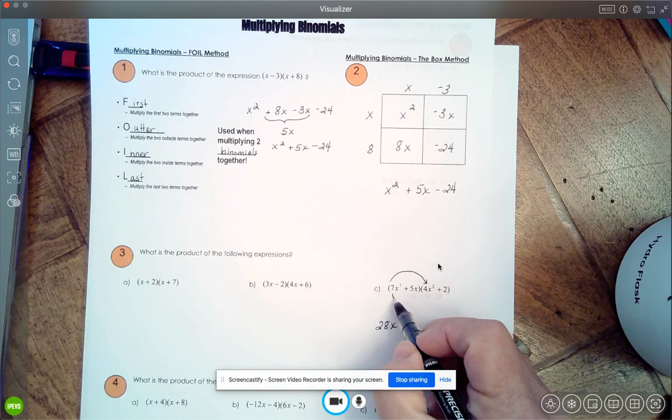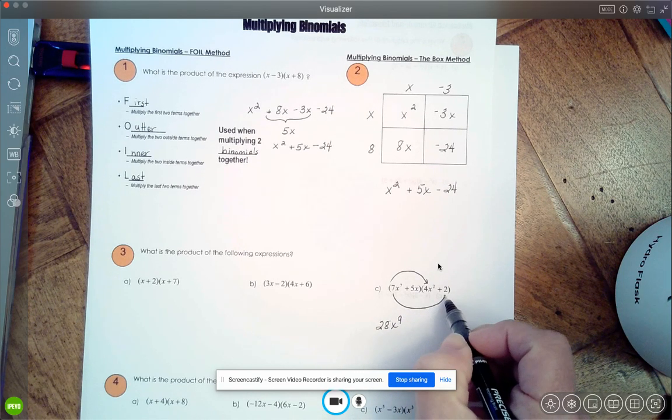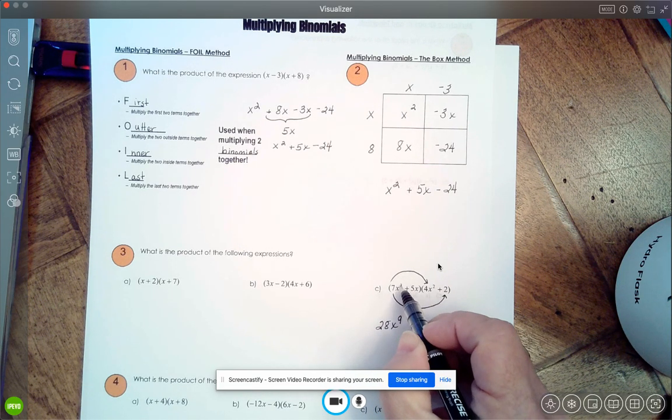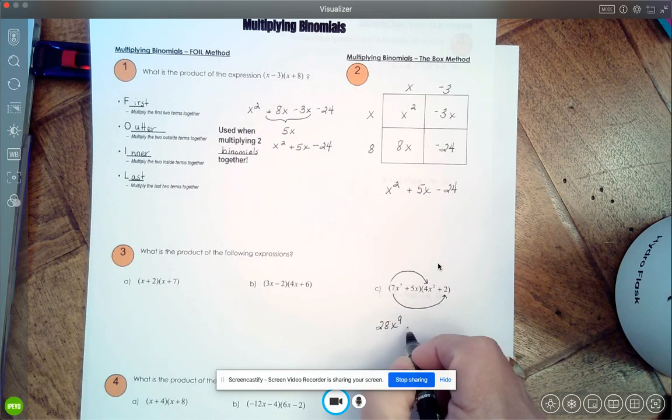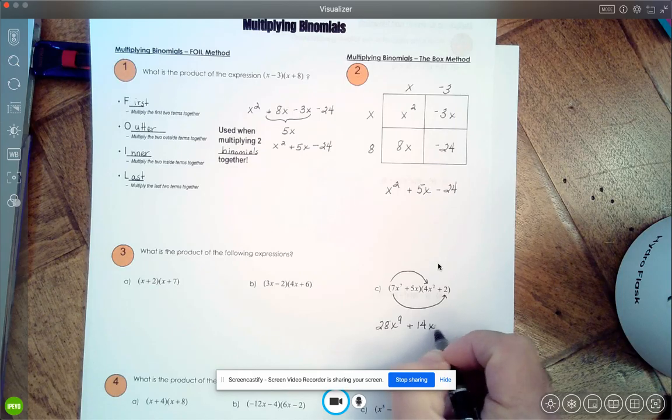I can multiply the outer ones together. 7x to the 7th and a positive 2 is a positive 14, and I have x to the 7th.